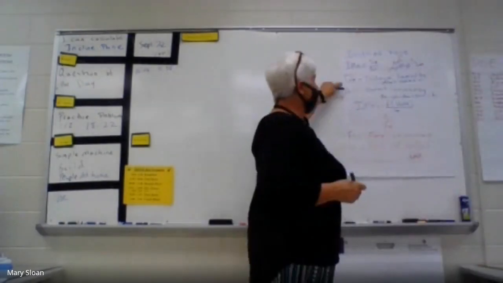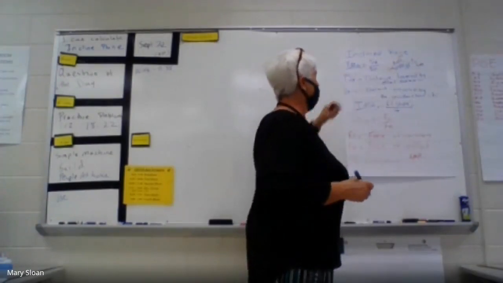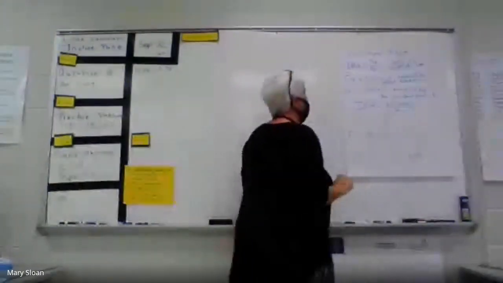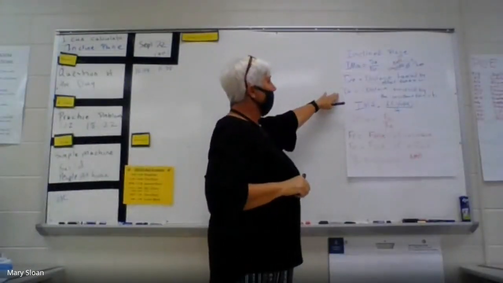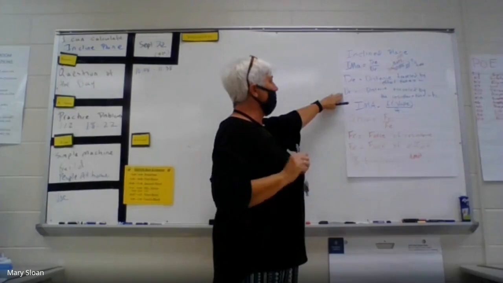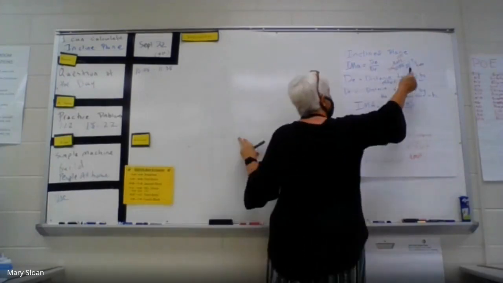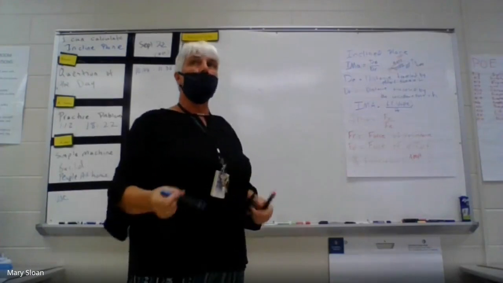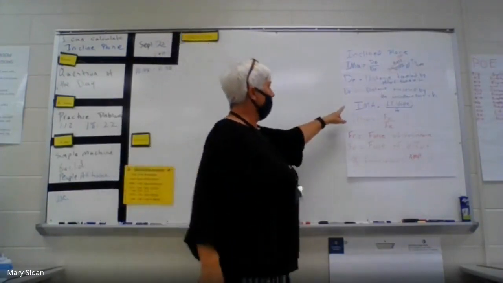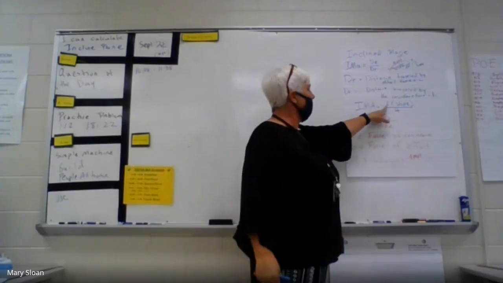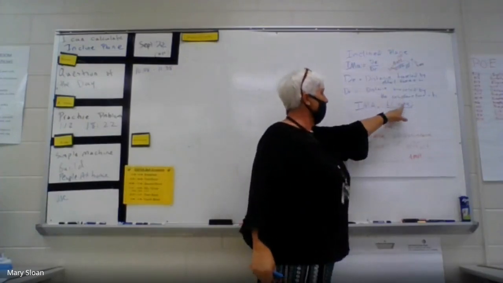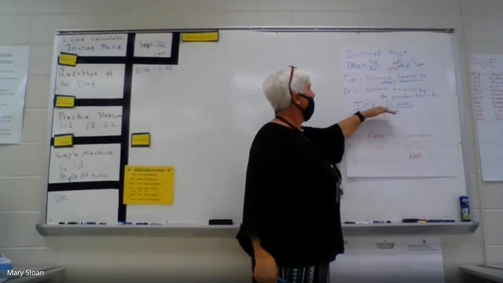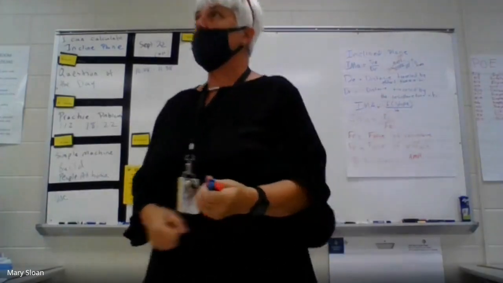The DE is going to be your length, that's the length of the ramp. Your DR is your distance traveled by the resistance force, and that is the height of the ramp. So when we're doing IMA, we're taking the length divided by the height. This is what you'll need.